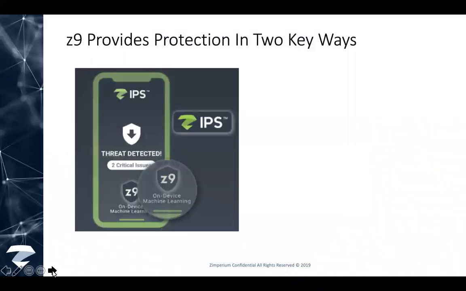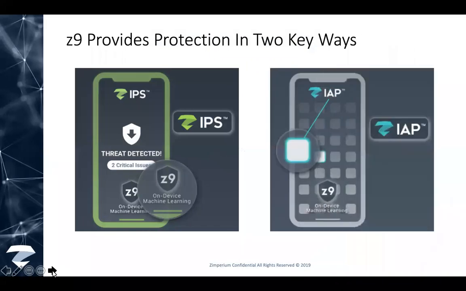There are 2 primary ways that Z9 provides protection. If you're trying to protect your device 100% of the time, like next generation antivirus or EPP for mobile, that's called ZIPS. It stands for Z Intrusion Prevention System. If, however, you have a mobile app, we have an SDK where you can drop Z9 directly inside of your mobile app. In that case, you're not trying to protect the device, you're trying to protect the app and the session that app is having.